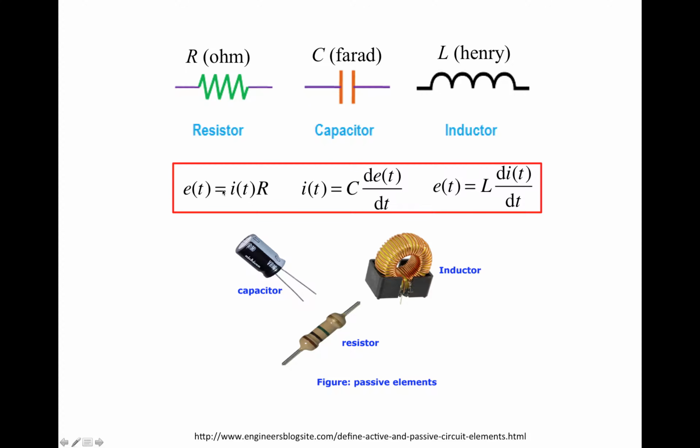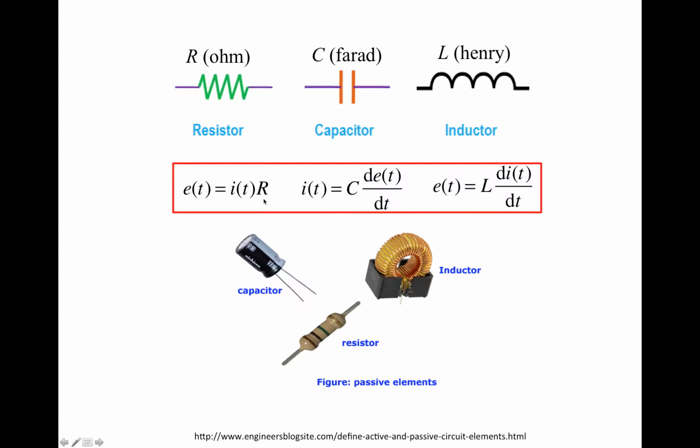For the resistor, the voltage E as a function of time, the voltage across the resistor, equals the current flowing through it multiplied by the resistance R. So it's telling us that the voltage is proportional to the current, with the constant of proportionality given by the resistance R.